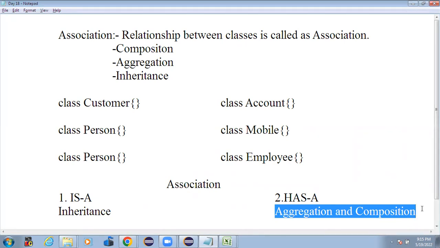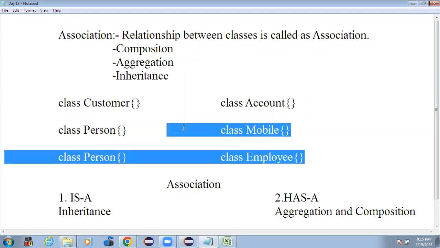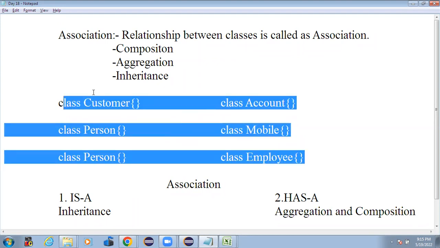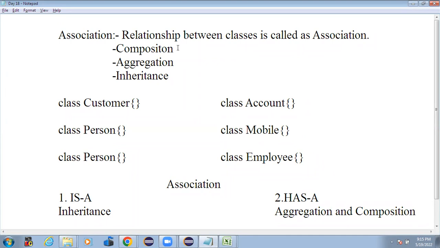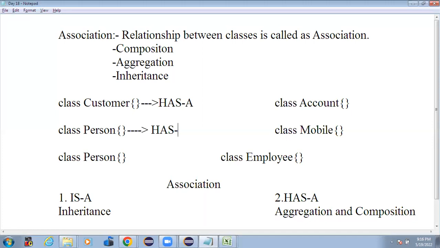In the examples I have given, composition is represented by has-a. Person has a mobile, so it is also a has-a kind of relationship.